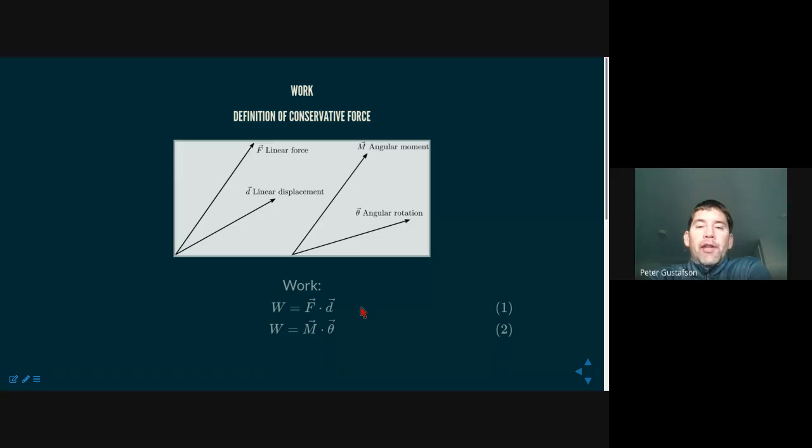So the first concept that I want to introduce you to again, or just review, I should say, because you've seen it before, is the concept of work. Note that what we're going to be talking about right now assumes conservative forces, okay, and that's a caveat.